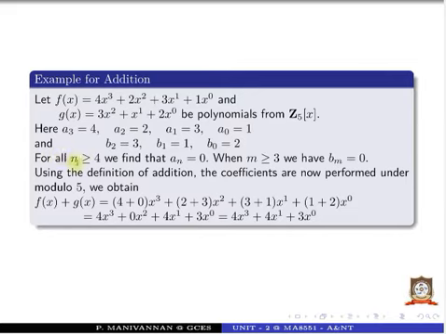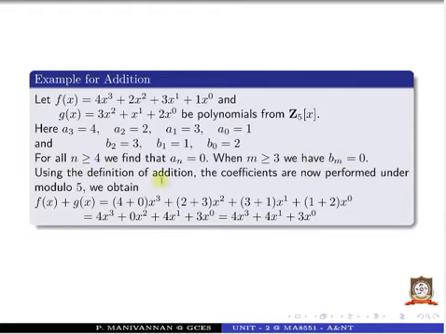For all n greater than or equal to 4, we find that an equal to 0. Why? Here a3 has a value, a4 does not exist, so that value will be 0. When m is greater than or equal to 3, since here we go up to b2, b3 and so on will be 0.